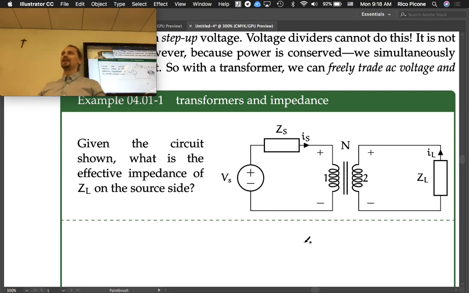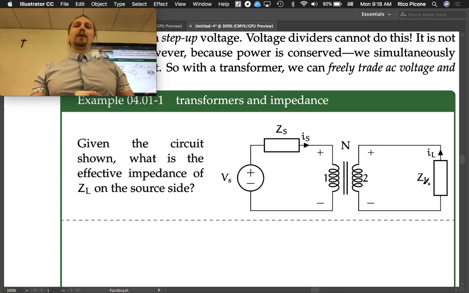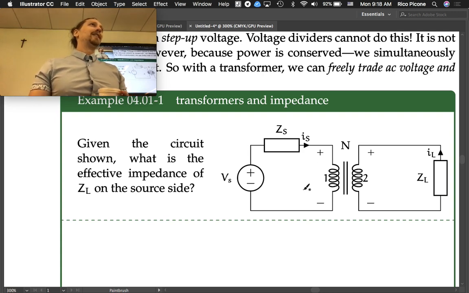The source circuit gets loaded by this load circuit, but it's loaded through this transformer. So we want to know, how does this load affect the source when it goes through a transformer?